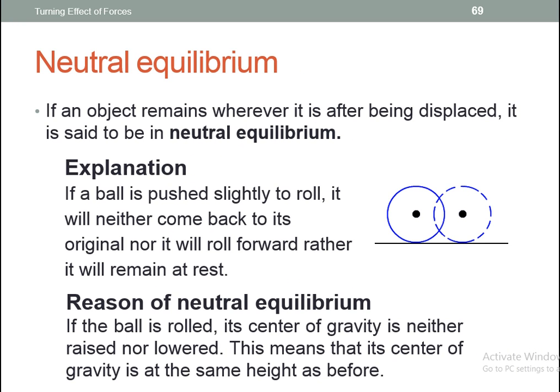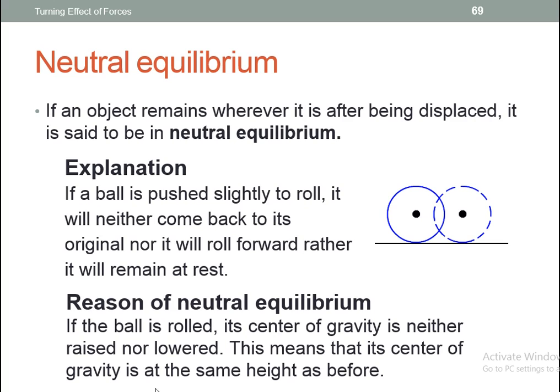Neutral equilibrium means the body's equilibrium condition is not affected, whether displaced or moved from one position to another; its position remains the same. Like in the case of a circular ball, if the ball is rolled, the center of gravity is neither raised nor lowered.